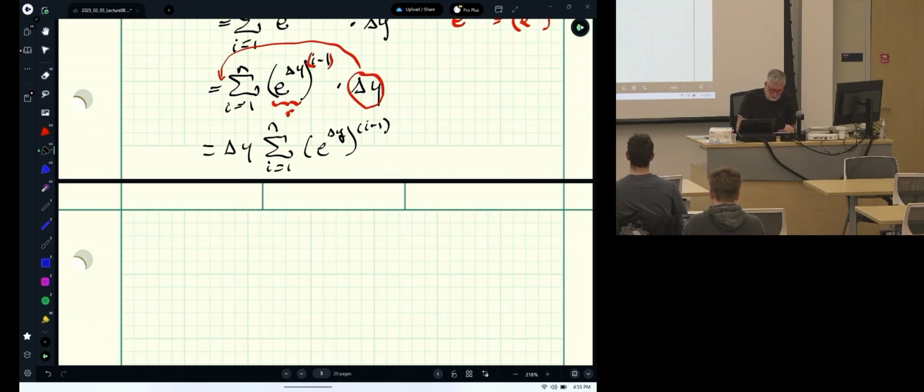And now we're just going to start substituting in some of our definitions. So delta y is x over n. This is going to become r to the i minus 1 when I set r equals e to the delta y.